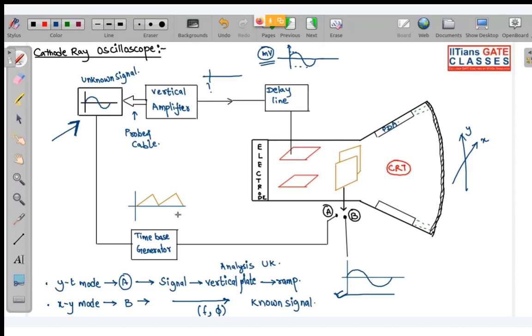So these 3 points only we are going to discuss, and that is why I have mentioned these 3 points only.